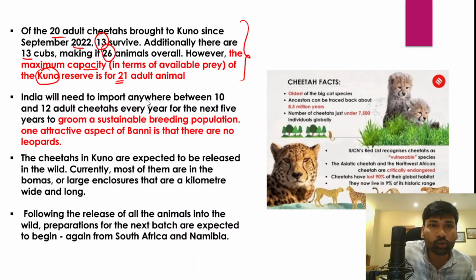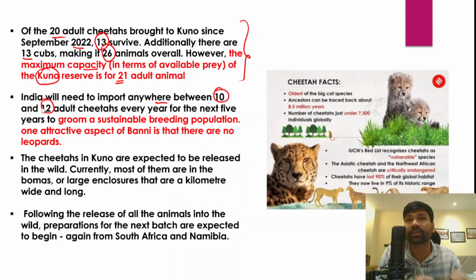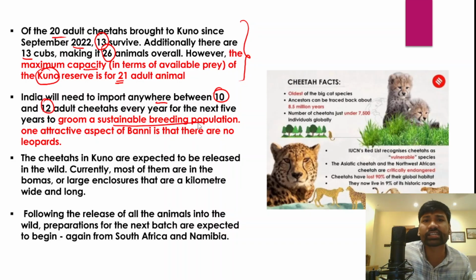And India will need to import anywhere between 10 to 12 adult cheetahs every year. In the next 5 years, there are plans that in a phased manner we will import 10 to 12 adult cheetahs from Namibia, South Africa and other African countries, essentially to groom a sustainable breeding population.